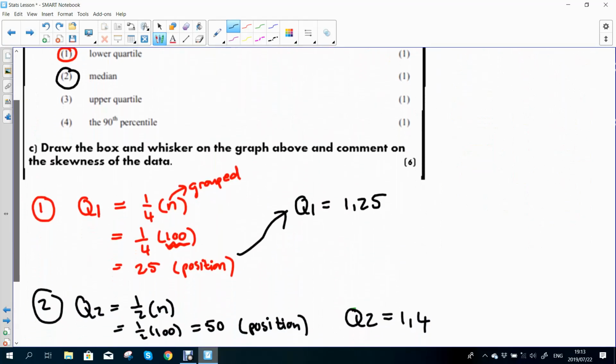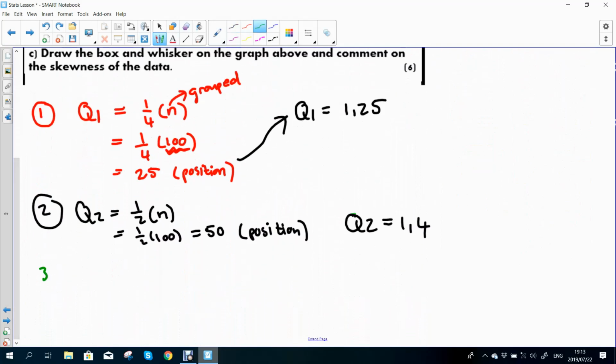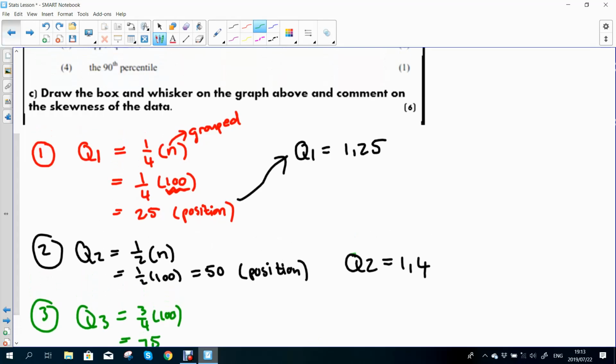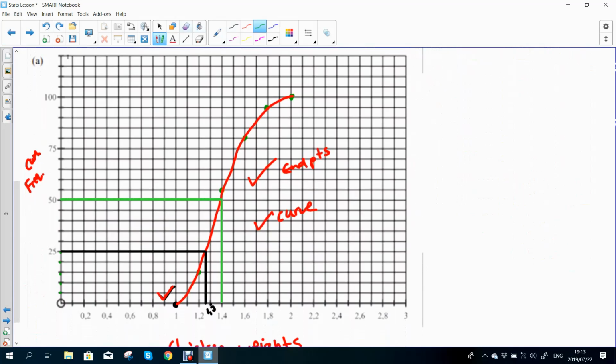Next question, they say the upper quartile. The upper quartile, guys, that is your quartile 3. And there's also a formula for that. That's 3/4 of your total, which in this case is 75. So we want to read off the 75th number. I'm going to use the straight line again.